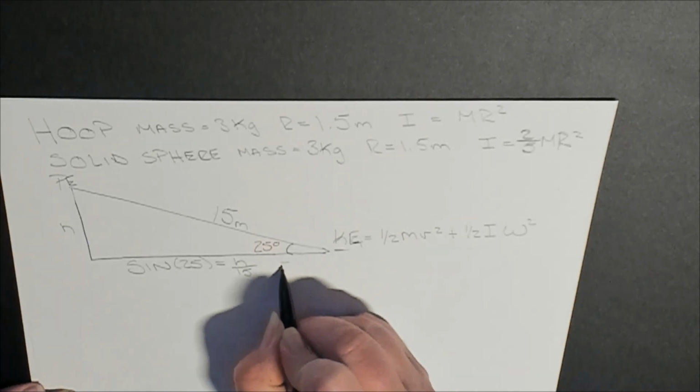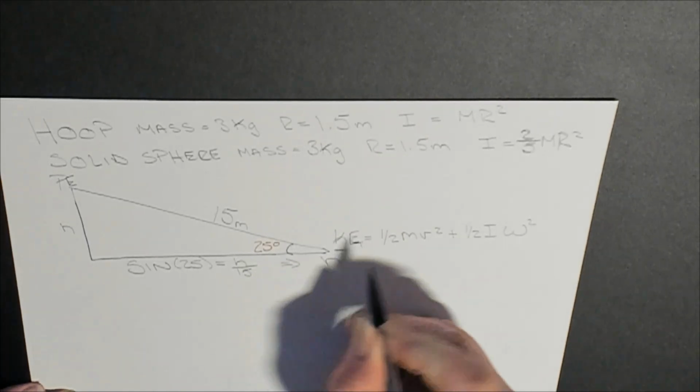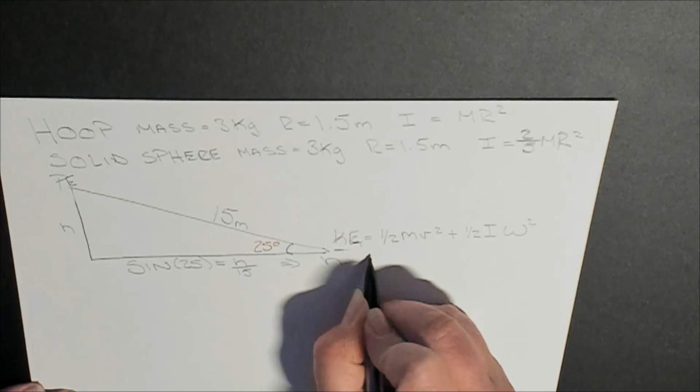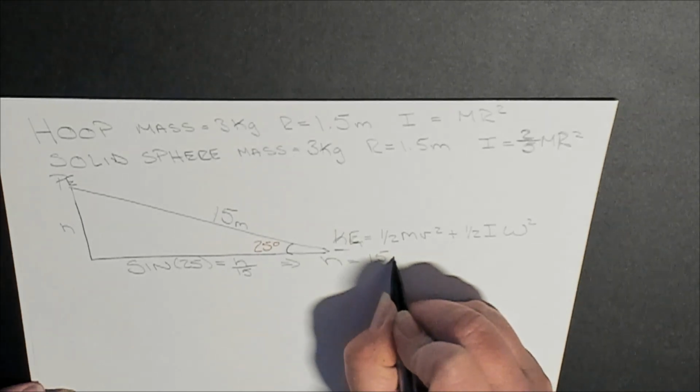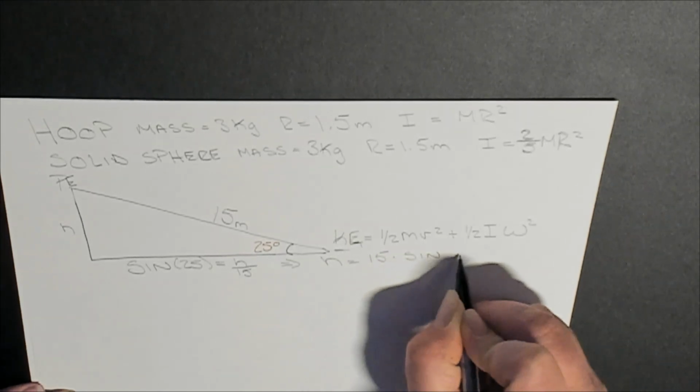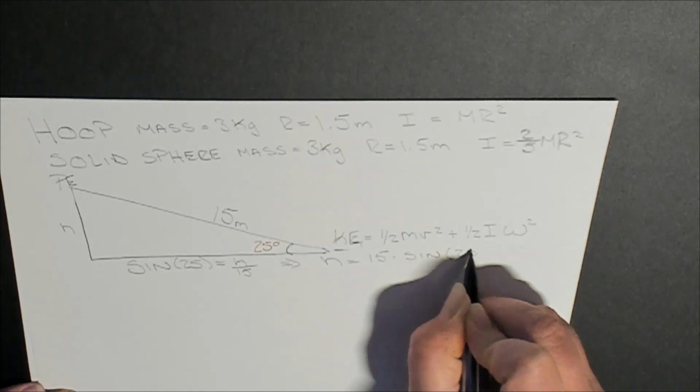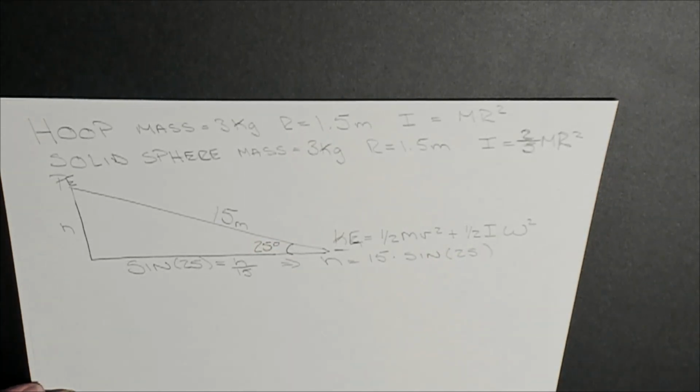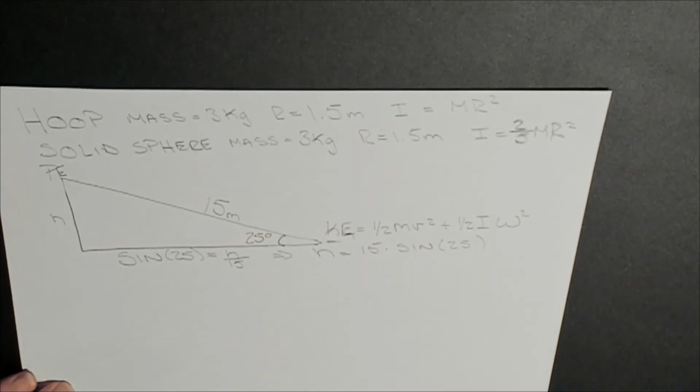Or my height then is going to be 15 times sine of 25. Now be real careful here because we've been bouncing back between radians and degrees. This is given in degrees, so you want to double check on your calculators when you're doing problems like these.